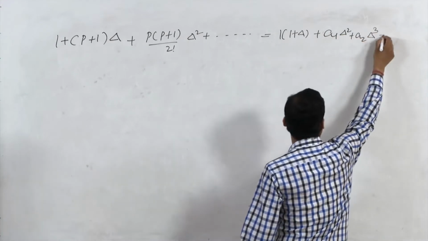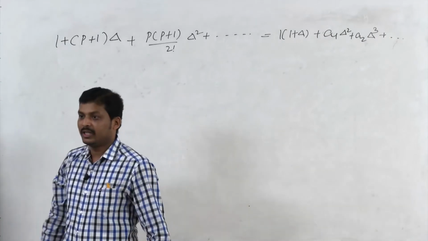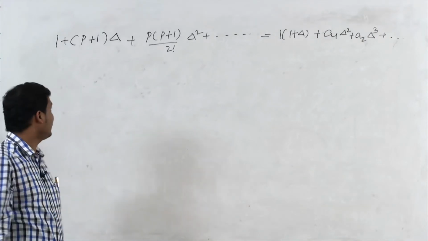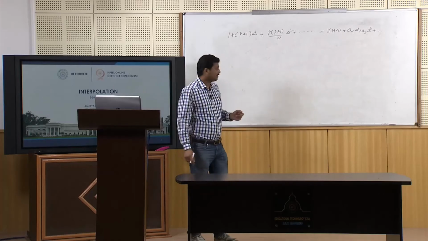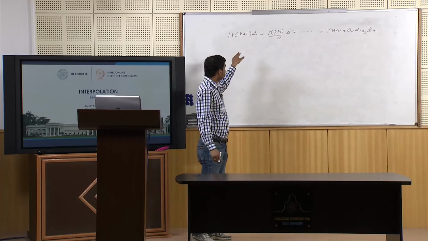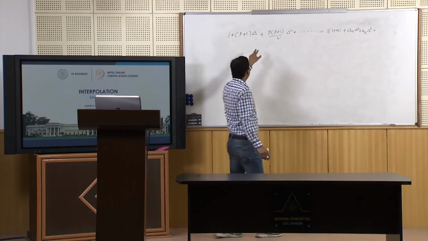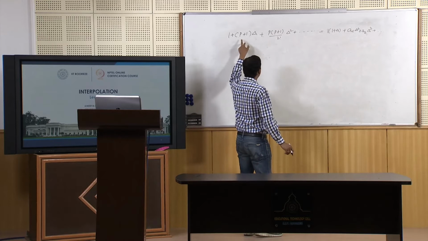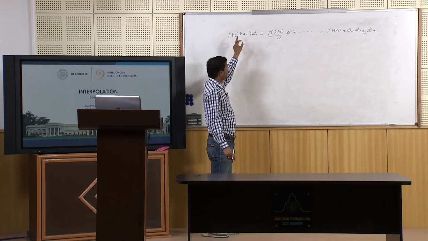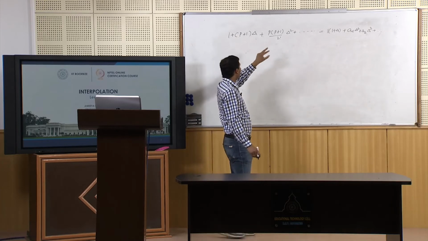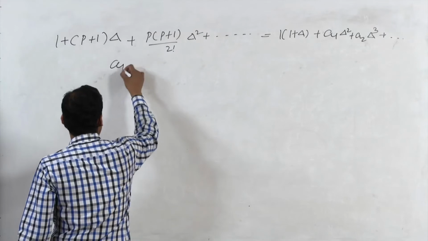Likewise, we can write, and if you multiply by this factor like 1 plus delta here, we can write this coefficient as 1 plus p plus 1 delta. On both the sides, if you take common 1 plus p plus 1 delta here, and equate the coefficients of delta and delta square, we can obtain the a1 value as p here.